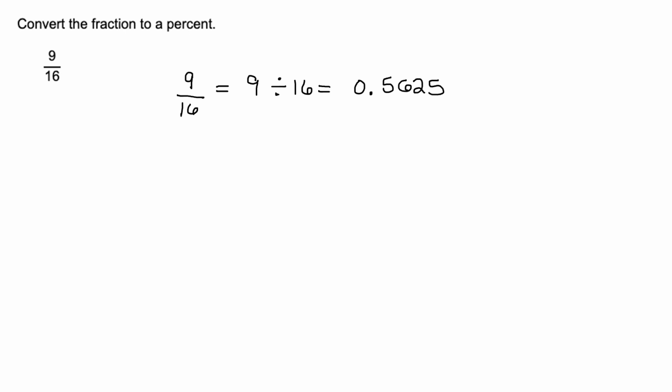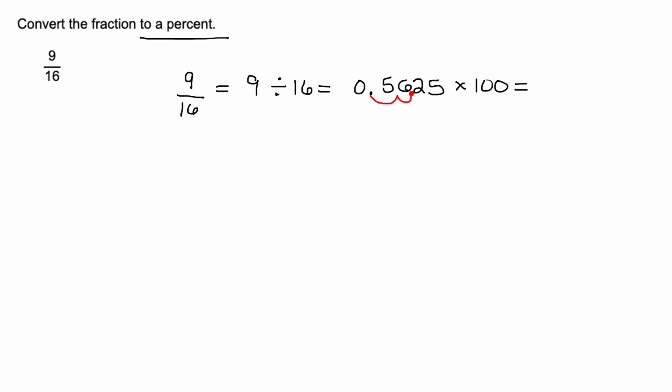Now this is our decimal value, but our problem asks us to convert it to a percent. Therefore, we're going to take our decimal and now multiply it by 100. Remember, multiplying by 100 is the same thing as moving the decimal 2 places to the right.